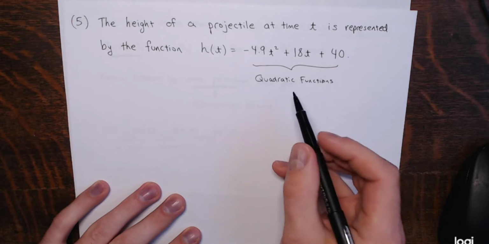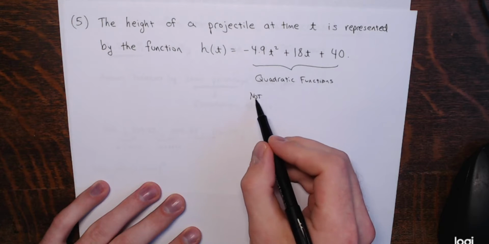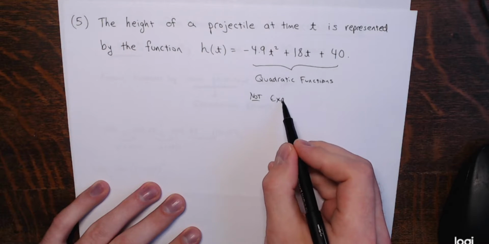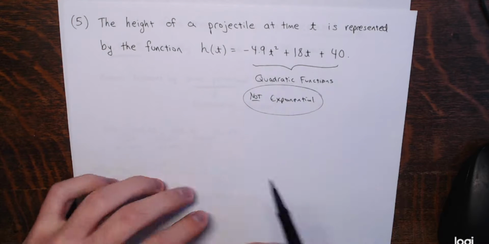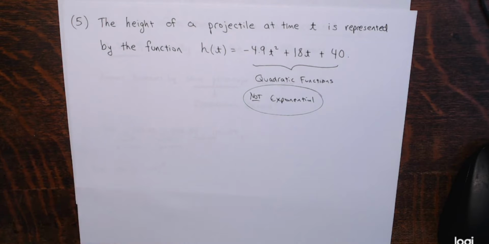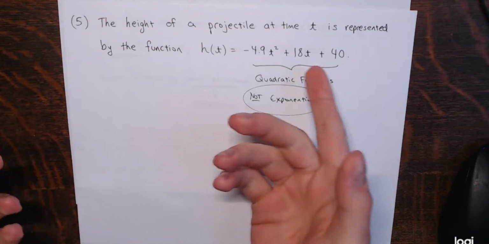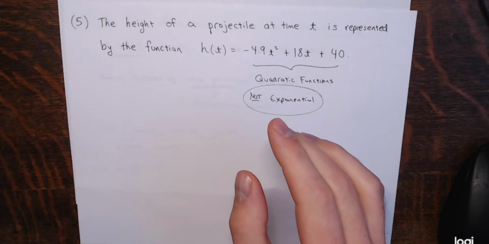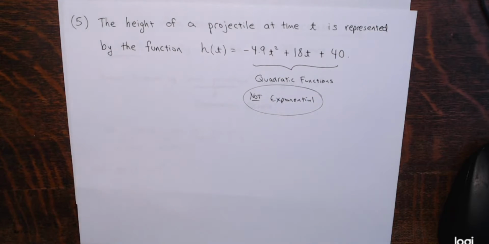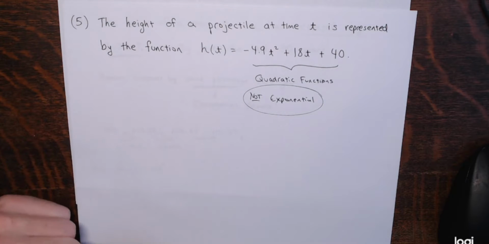This is not exponential, clearly. Right, and if you were to graph this, it's definitely not got that horizontal asymptote. The domain's all real numbers, but the range isn't all positive numbers or all negative numbers, like an exponential function would have. And it definitely doesn't have that horizontal asymptote that an exponential function would have. But I leave it to you to look at the graph.